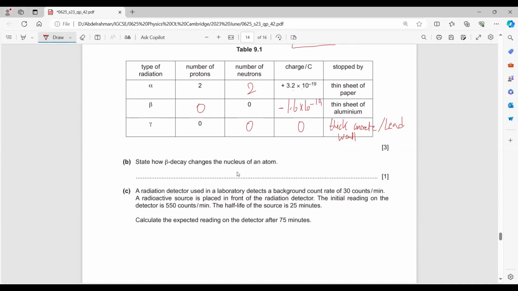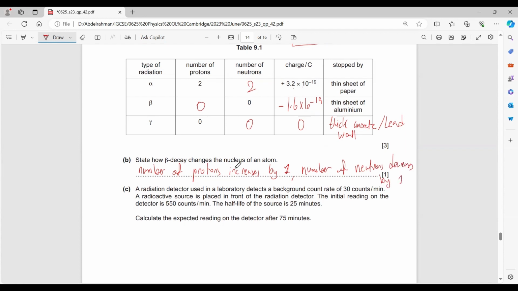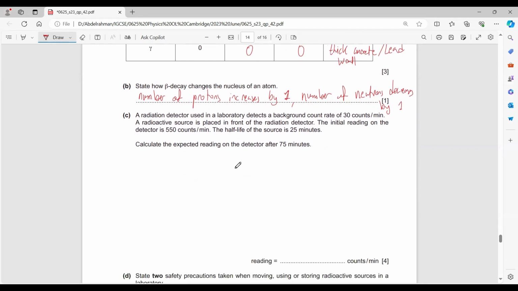The number of protons increases by 1, and the number of neutrons decreases by 1. That's why the total mass number, the total nucleon number of the nucleus, remains the same.